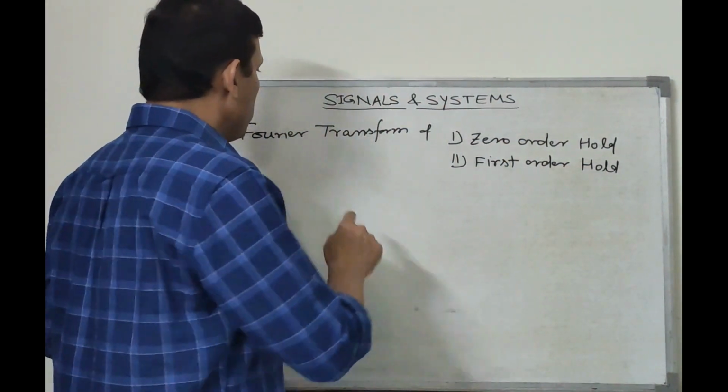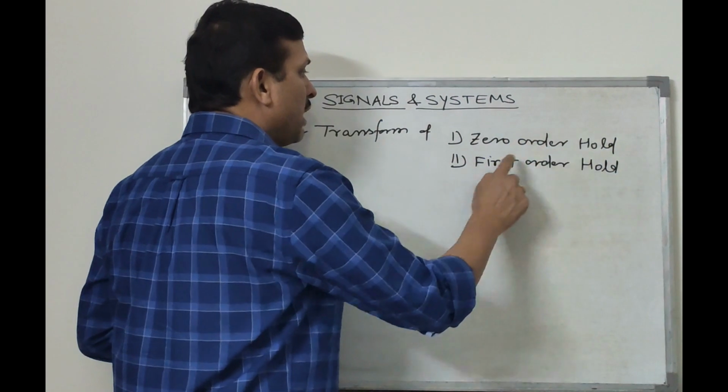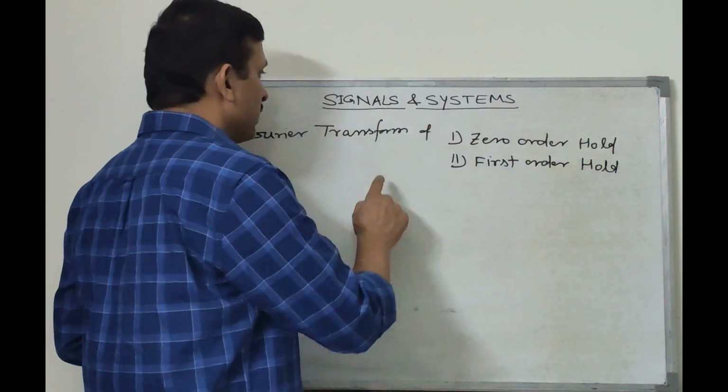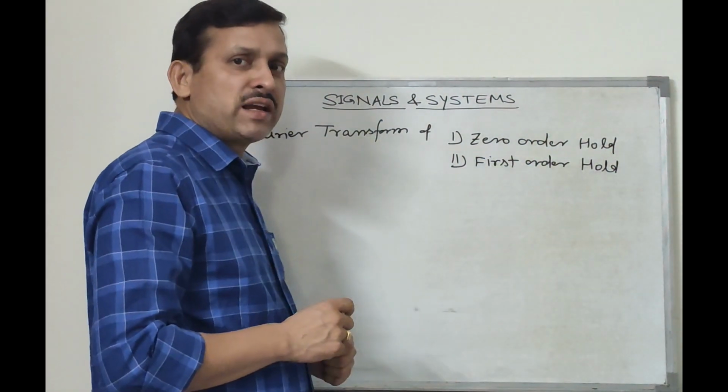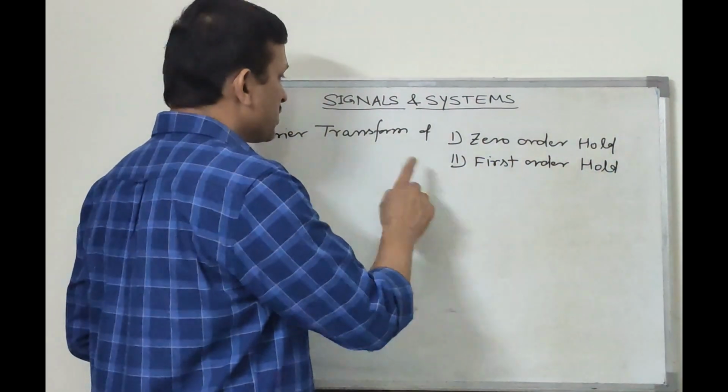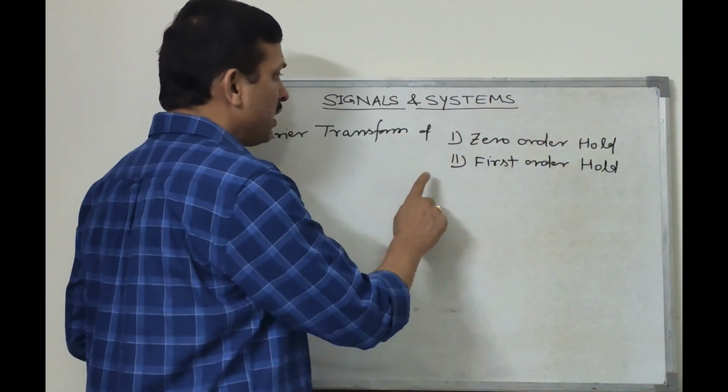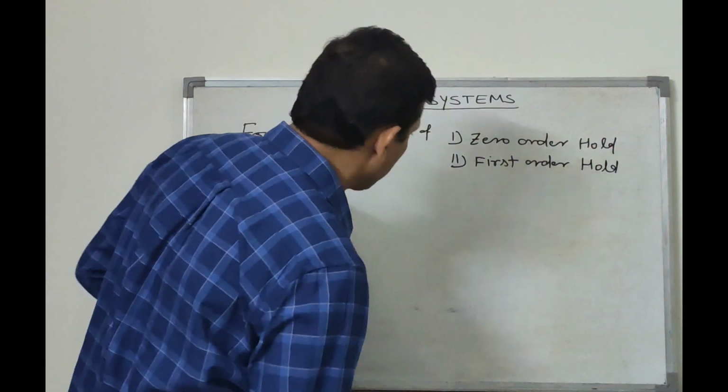We'll see today Fourier transform of zero order hold and first order hold. These results we have used in sampling and reconstruction. Now we'll calculate the Fourier transform of zero order hold and first order hold.